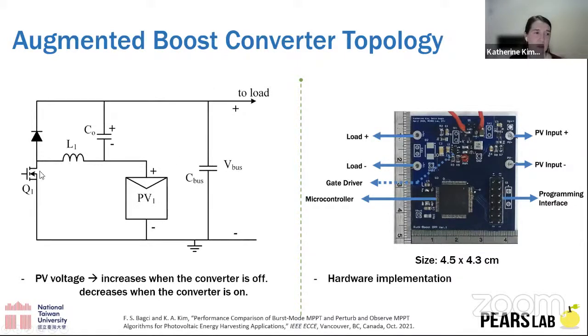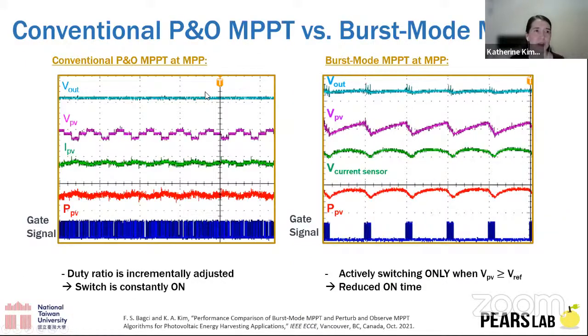So we used our augmented boost topology. This is just the boost topology rearranged here. It's the same thing. And we compared it to the traditional perturb and observe algorithm. I apologize, I didn't discuss that, but that's the standard we're comparing to the algorithm that we're proposing.